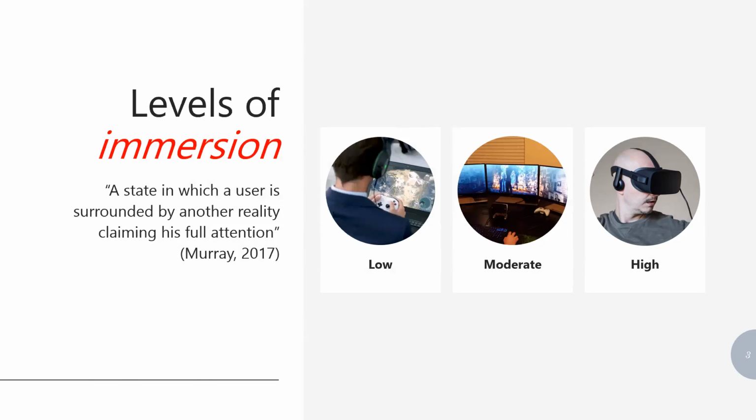When we have a moderate level of immersion, there are some signals which indicate the presence of devices in the physical world, and there are numerous screens with extended field of view, but it is not in 360 degrees. When the level of immersion is high, there are limited signals indicating the presence of devices in the physical world, such as the weight of the head-mounted device.